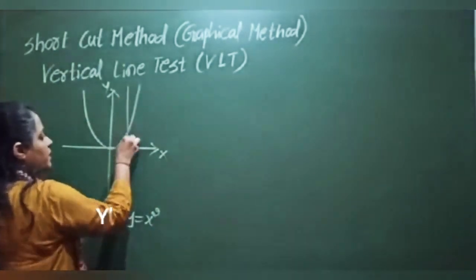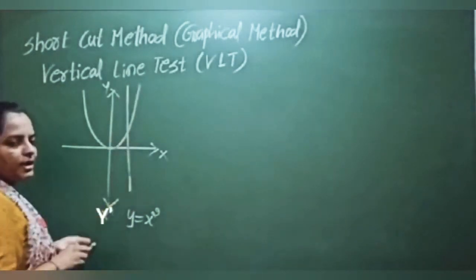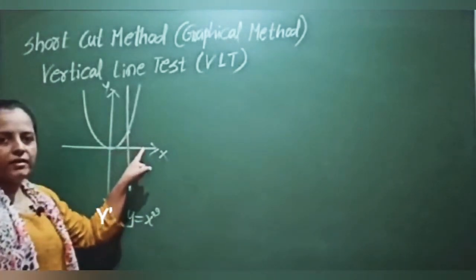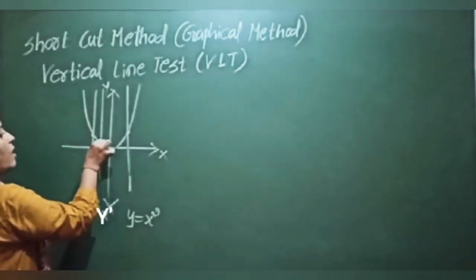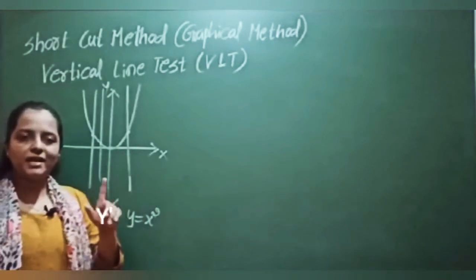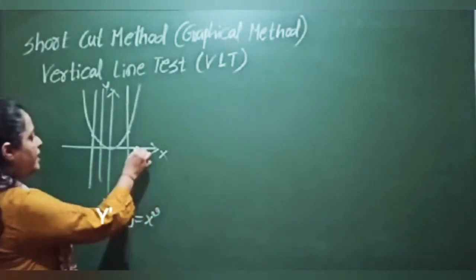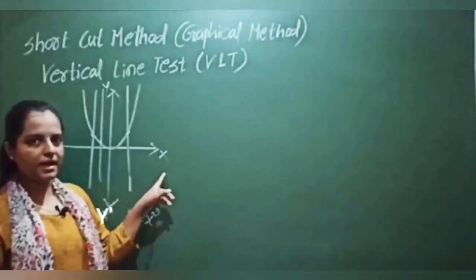Wherever you want, you can draw the vertical line, and it is going to intersect the given graph at only one point. Since it cuts at only one point, this is a function.